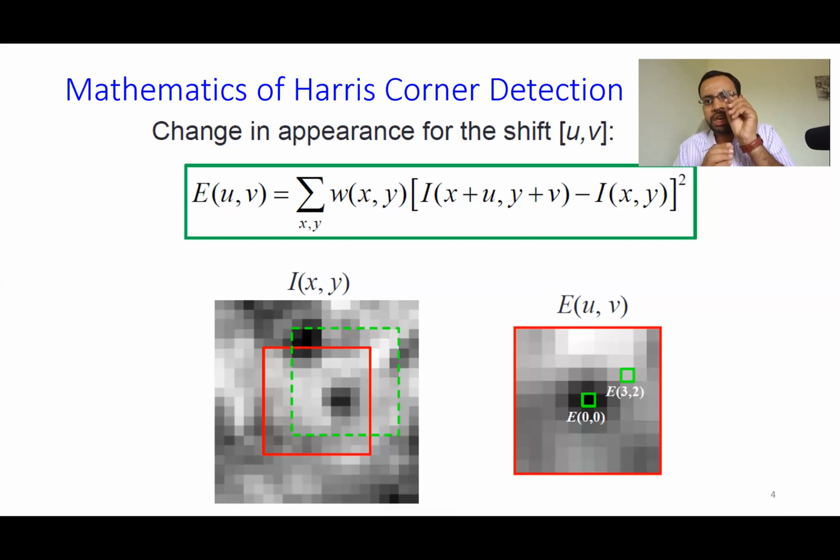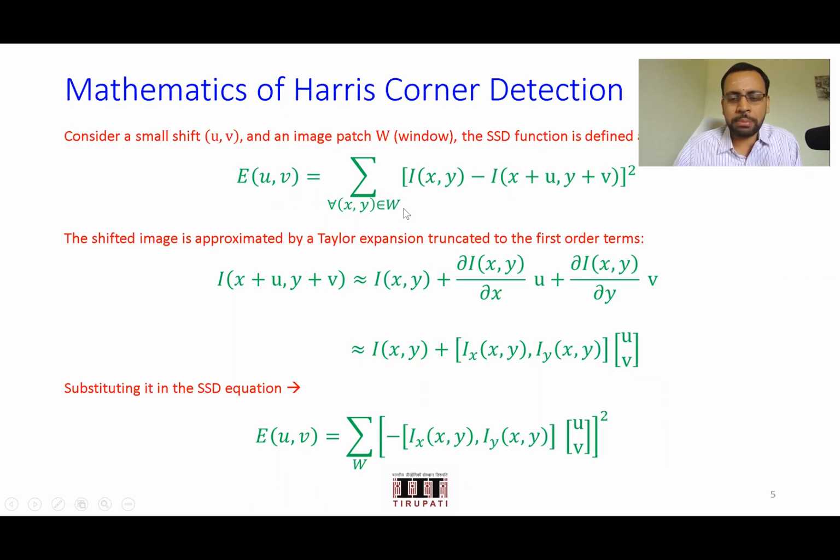Now, any change in that position, let's call that the displacement of that patch, we give by U in the X direction and V in the Y direction. Now, let the patch be capital W. You consider all values of x, y within that patch, and you subtract from I of x, y the new value after you move it by u in the x and by v in the y direction.